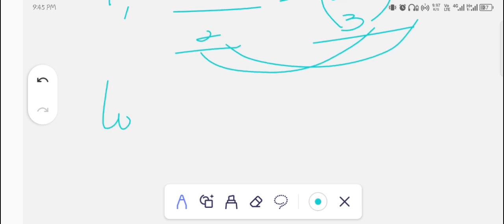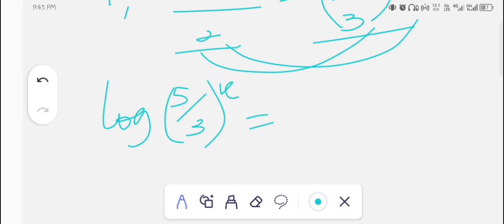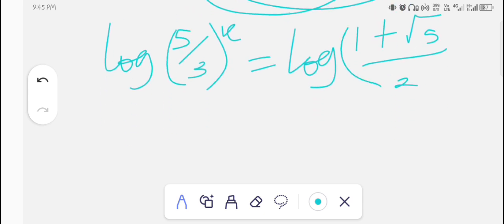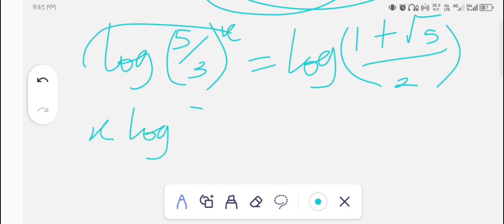So I have the logarithm of 5 upon 3 to the power of x is equal to the logarithm of 1 plus the root of 5 upon 2, to get the value of x. You know our law of logarithm, right? So when this x goes down, we'll be having x times the log of 5 upon 3, and we have this to be equal to the whole of this, of course.